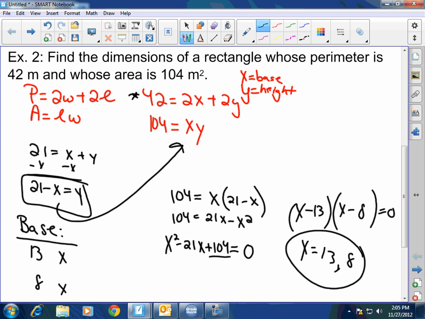Let's plug it in: 104 equals 13y. Divide by 13 and you get 8, correct? So 13 by 8, or 8 by 13. You can have the base of 13 by 8 or 8 by 13, either way. Yes, sir, those are the dimensions.